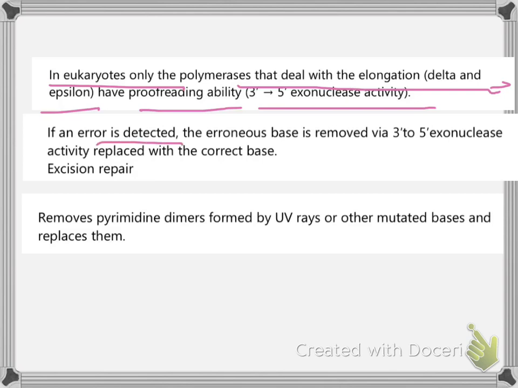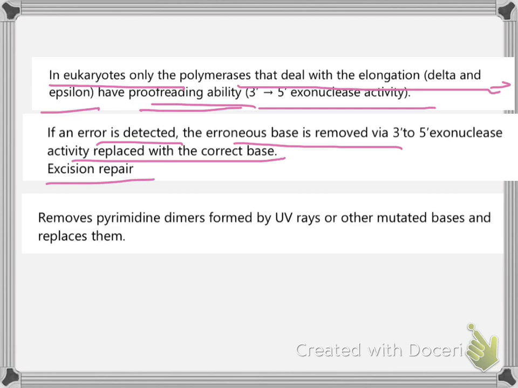If an error is detected, the erroneous base is removed via 3' to 5' exonuclease activity and replaced with the correct base. That is known as base excision repair.